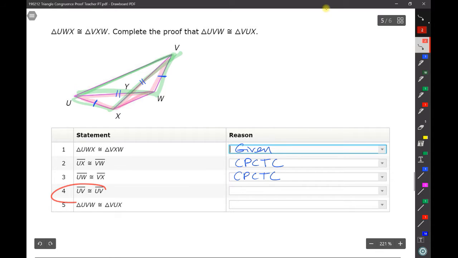Now look at this last line right here. UV is congruent to UV. That means that this side is present in both of the green triangles. In other words, what we're saying is UV in one of the triangles is the same length as UV in the other triangle. Okay?